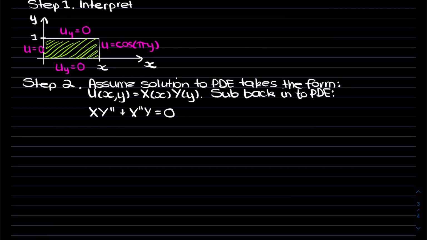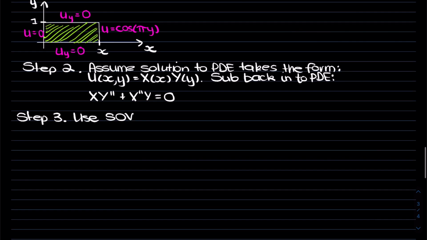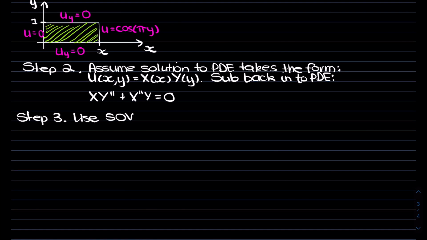Step 3 is to use separation of variables, which I'll just write SOV for short. Now the reason we assume the form u equals X times Y is because that allows us to use separation of variables. If we use separation of variables, we're just putting all the y variables on one side and all the x variables on another side.